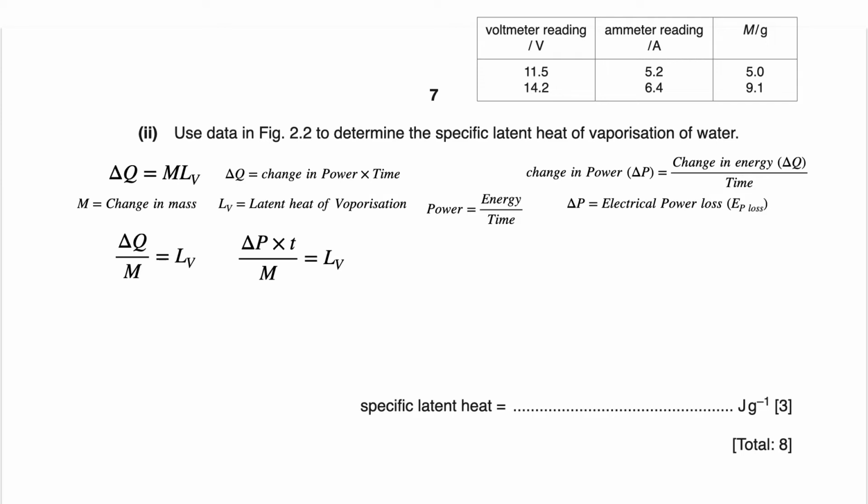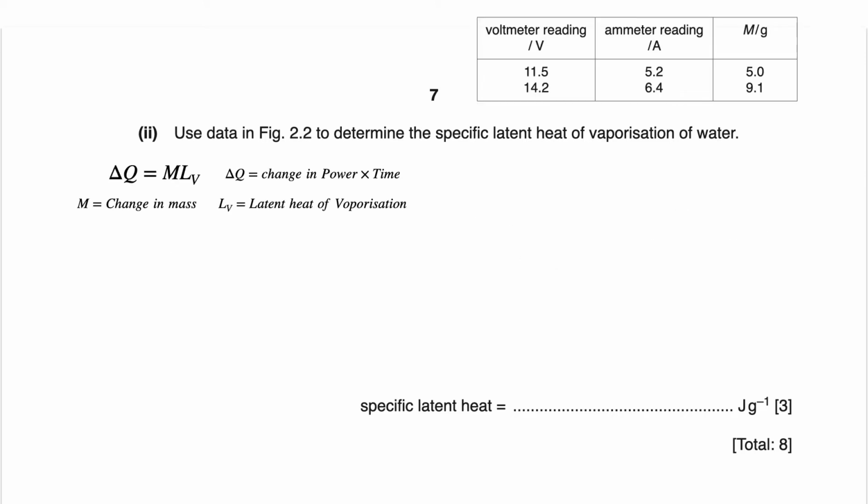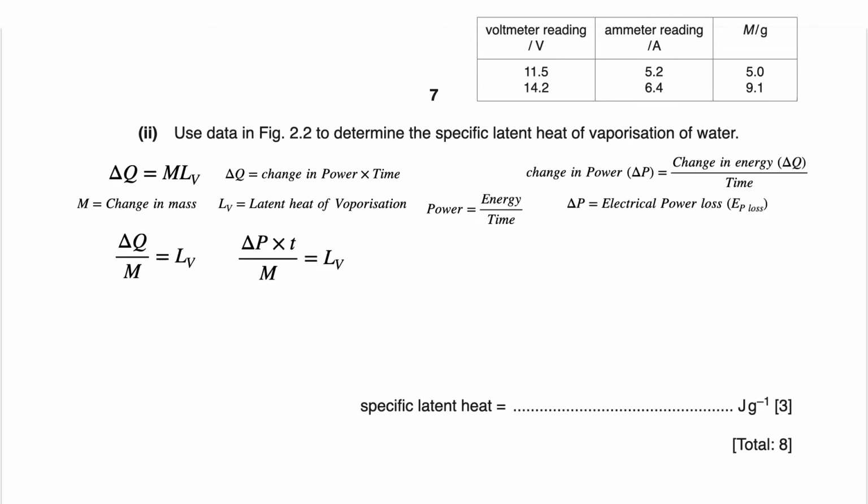Now how can we calculate this? The power loss is the final power minus the initial power, as simple as that. Now how do we measure electrical power? It's simply voltage multiplied by current. Let's put all these into the equation.